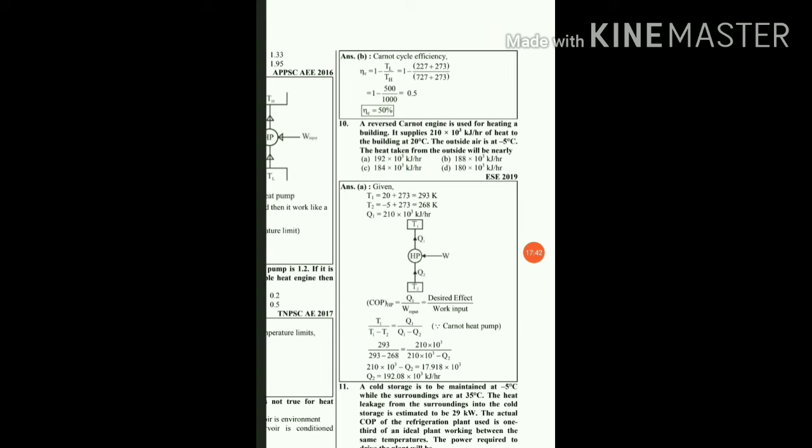Once you find out the W input, the power input, the formula for that is: suppose this is a heat pump, out of which Q2 is supplied to the high temperature reservoir and Q1 is extracted from the low temperature reservoir.